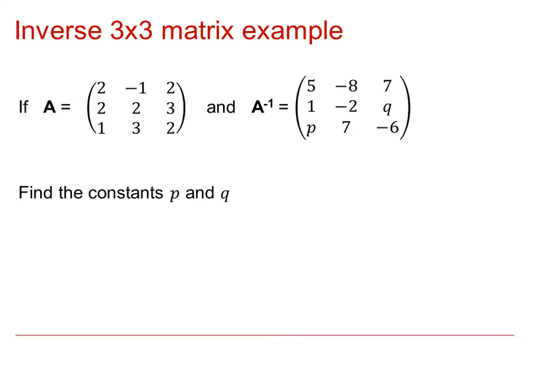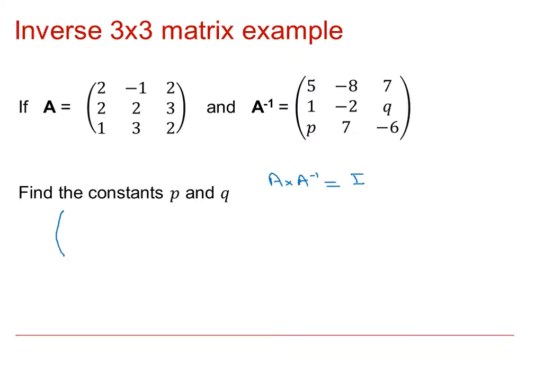So here we have a matrix A and an inverse matrix, and we need to find the constants P and Q. So we know that if we multiply A by its own inverse, we would get the identity matrix.